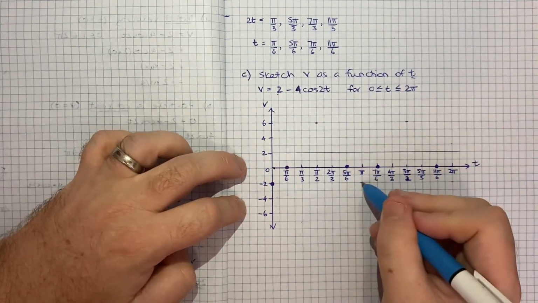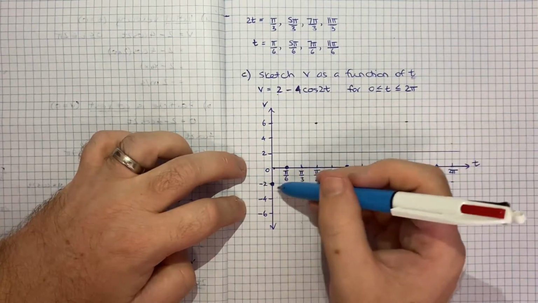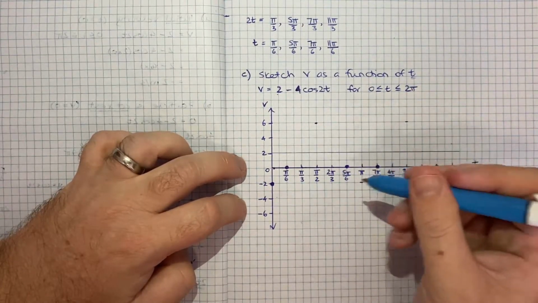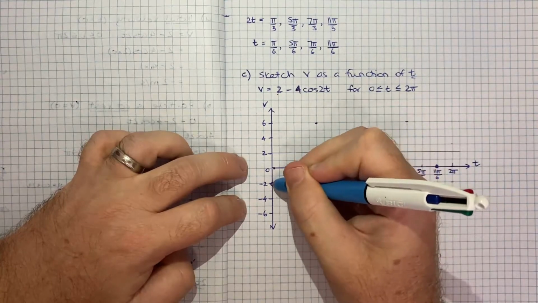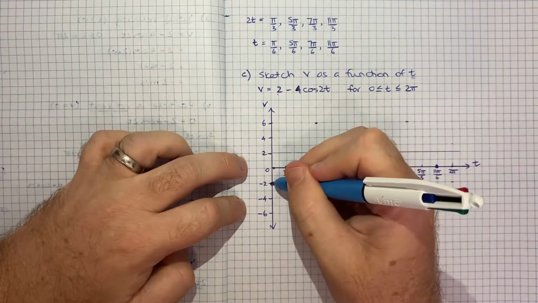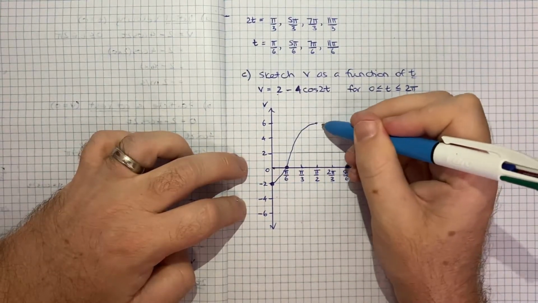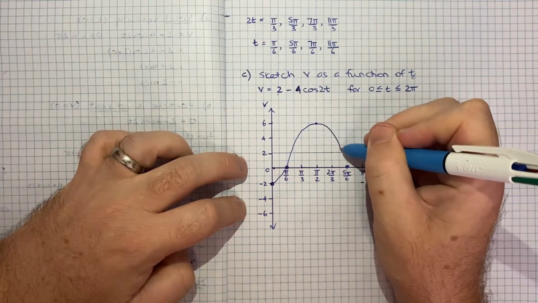And with those points marked, we can now just fill in the curve. And I'll do my best to not butcher this, but the key features are the intercepts. So we're just going to make sure we go through those. And then coming back down.